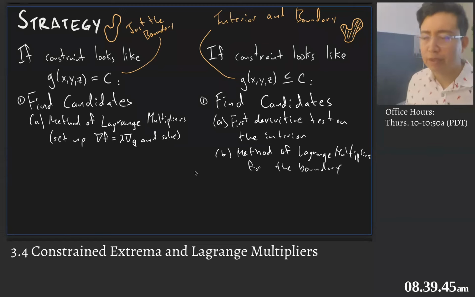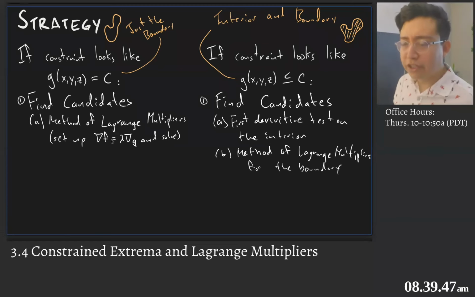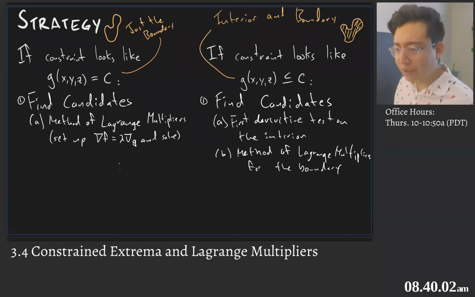Okay. So if it's just the boundary, if there's an equal to sign, you're just using the method of Lagrange multipliers. If you have an interior, then you can use the first derivative test on the interior and then the method of Lagrange multipliers on the boundary. And then regardless of which of these you do, you're always going to go to step 2, which is plug in the candidates.